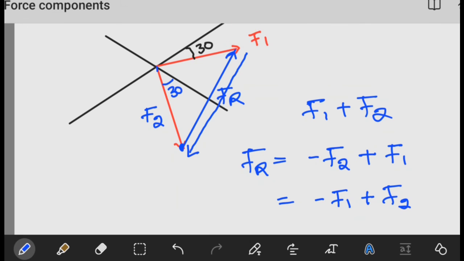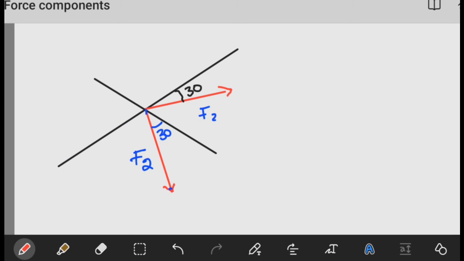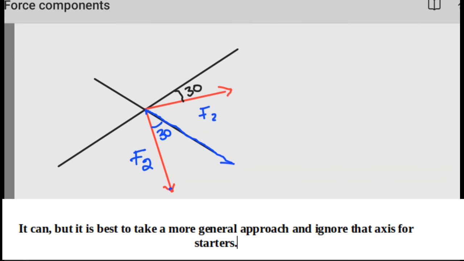So instead, we use the other method. For the next part, we now want to determine the direction of the resultant force measured clockwise from the positive u-axis. One thing you have to understand is the resultant that we expect to get here is not necessarily going to be along the u-axis. So you don't expect it to be in this direction.